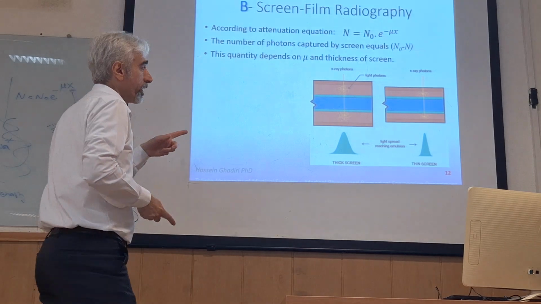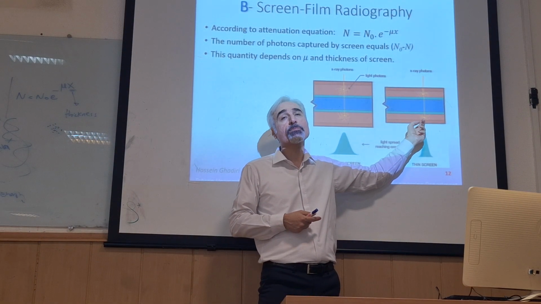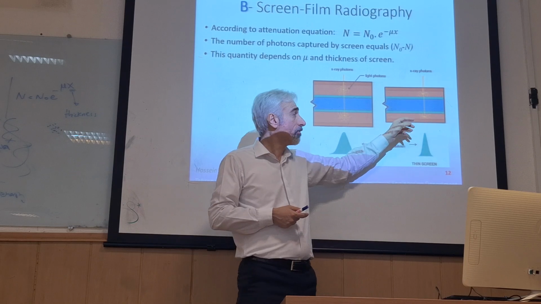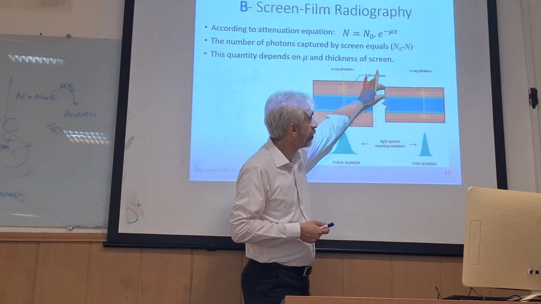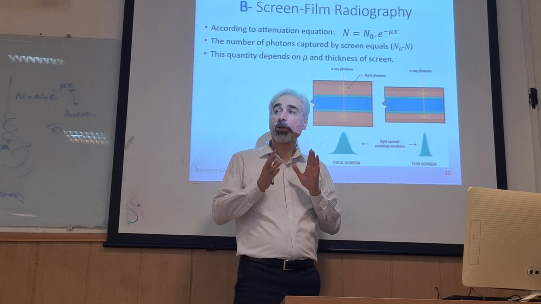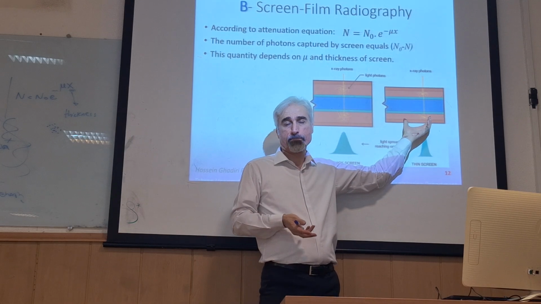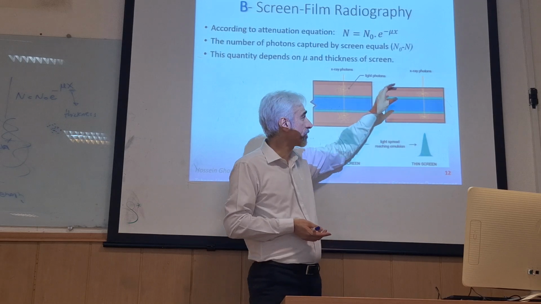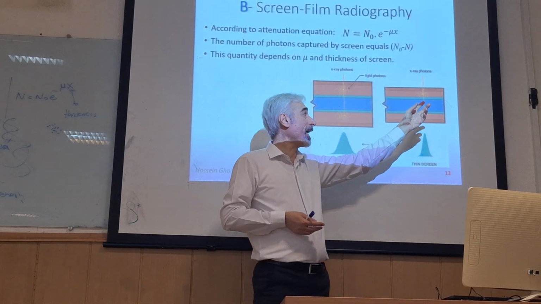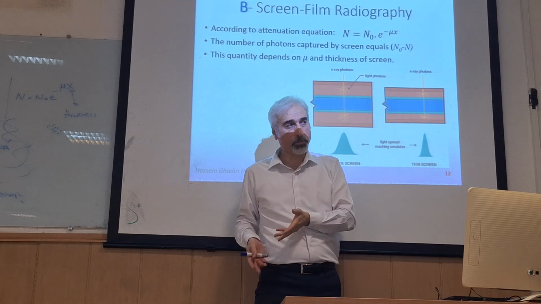In mammography, resolution is preferred. So we use a thin screen; although we lose some information because of the thin screen, as the spreading of light is low, the resolution will be better.